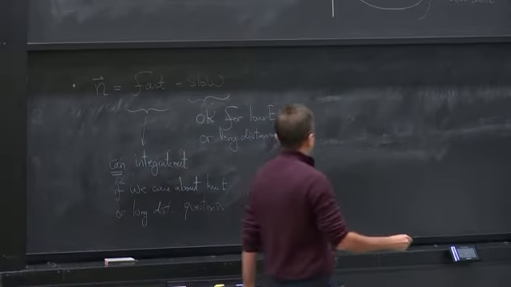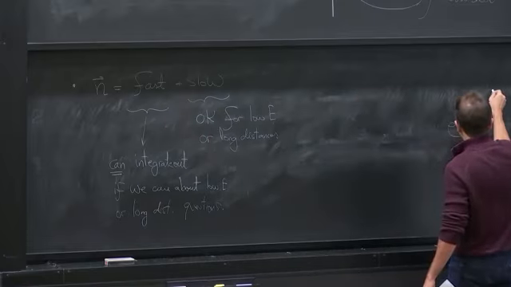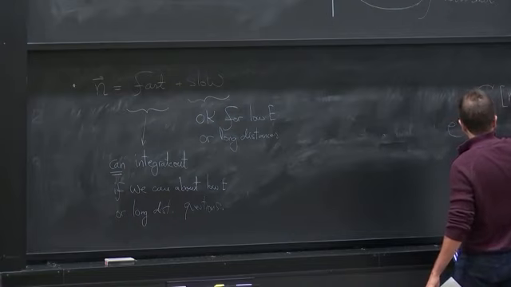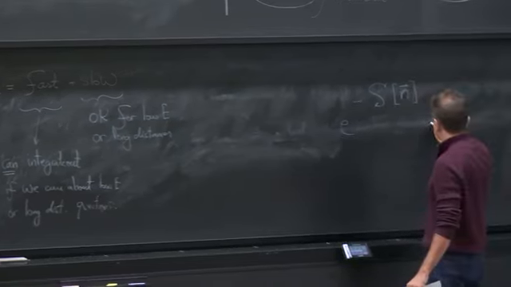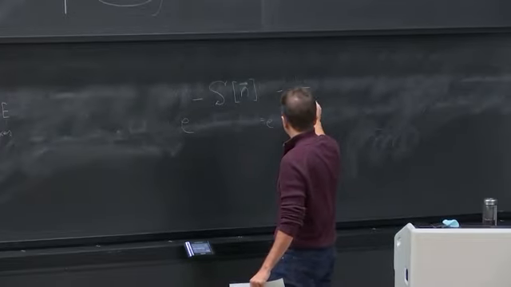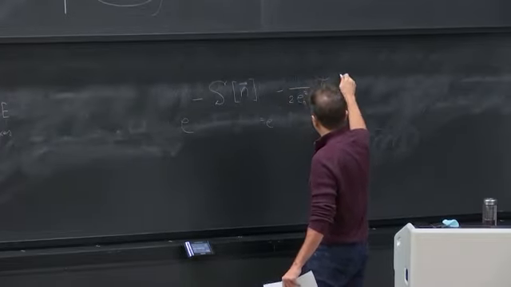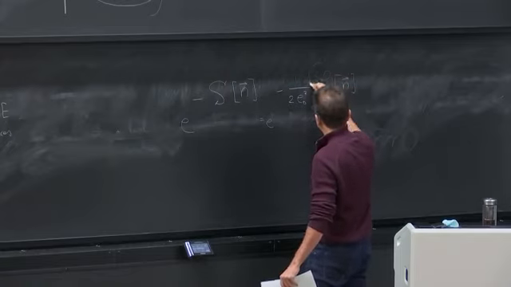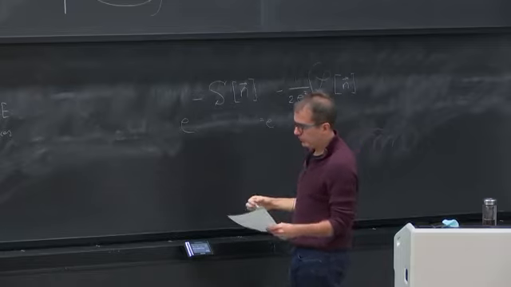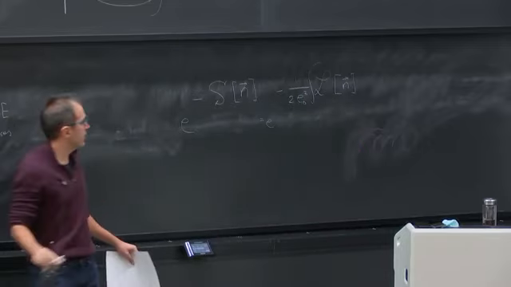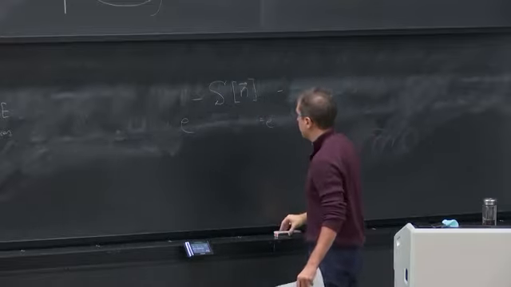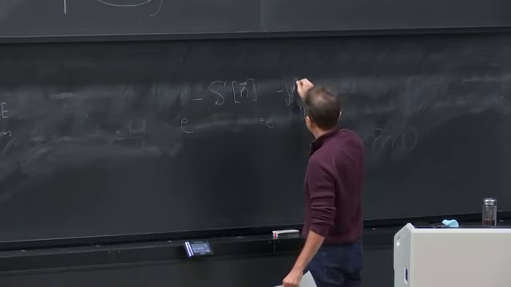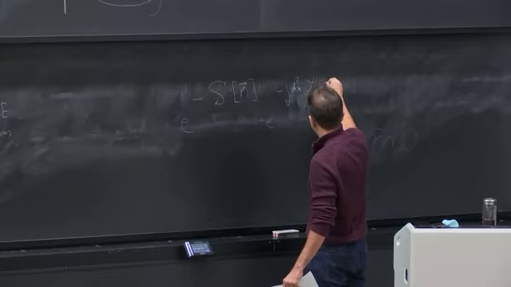So the idea in more detail is to start with your action for your vector n, which is e to the minus the integral d2x times the Lagrangian of this vector n.